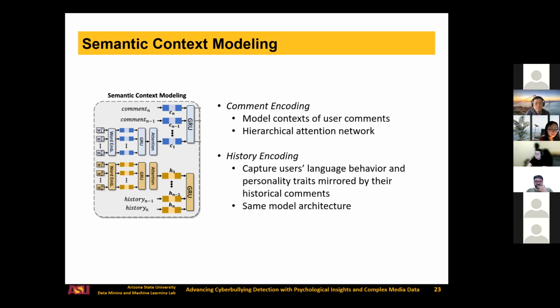We use this hierarchical attention network to learn both the comment representation and the representation of the historical comments posted by each user. The advantage of using these historical comments is that we want to capture the user's language behavior and personality traits reflected by their historical comments.